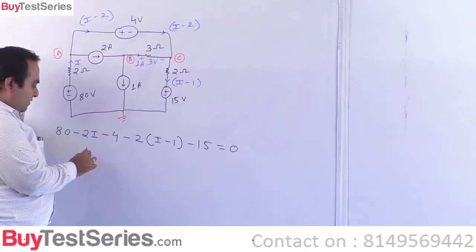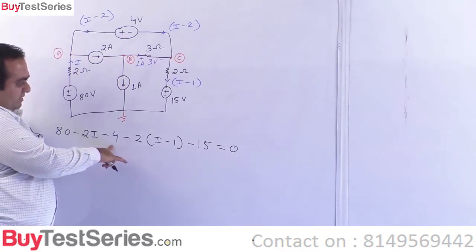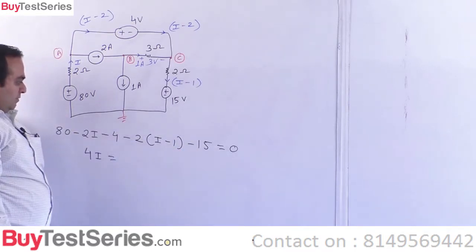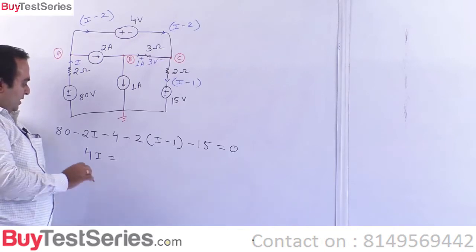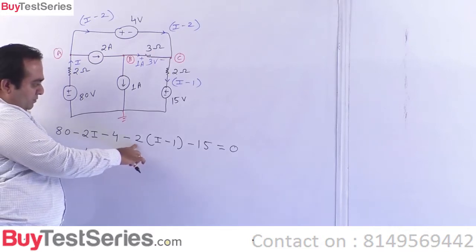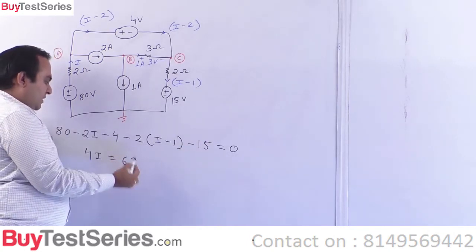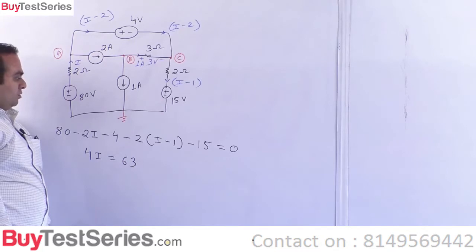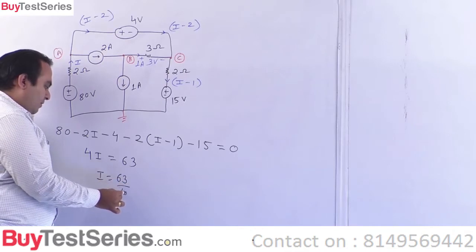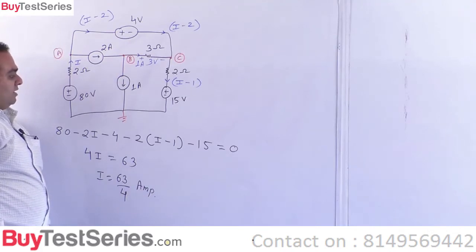So this comes out to be 4I on one side. 80 minus 4 is 76 plus 2 is 78 minus 15 is 63. Is this okay? So I is 63 by 4 amperes.